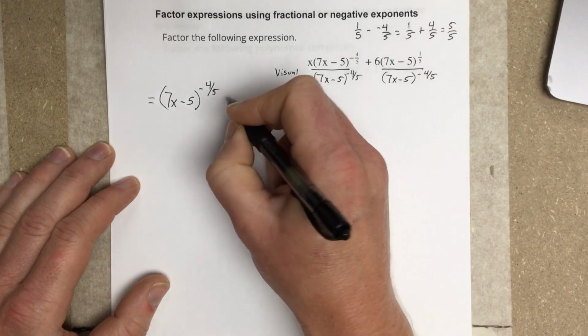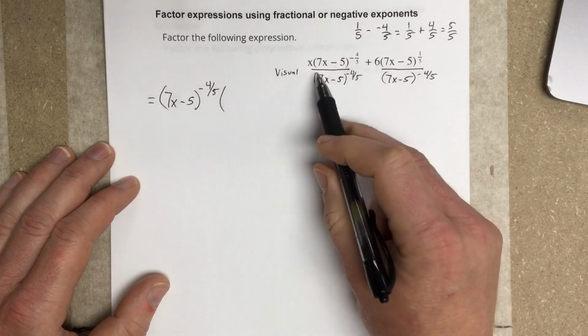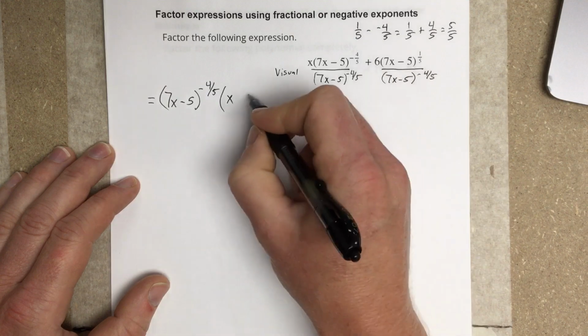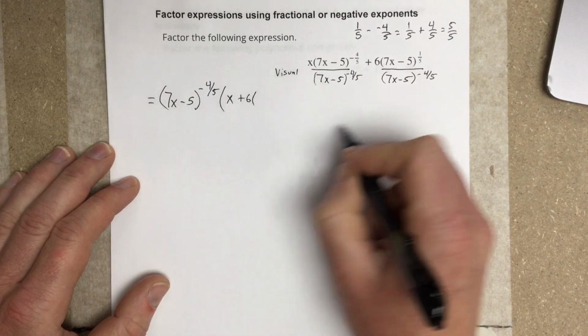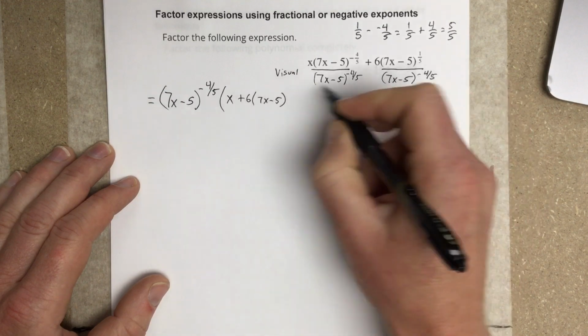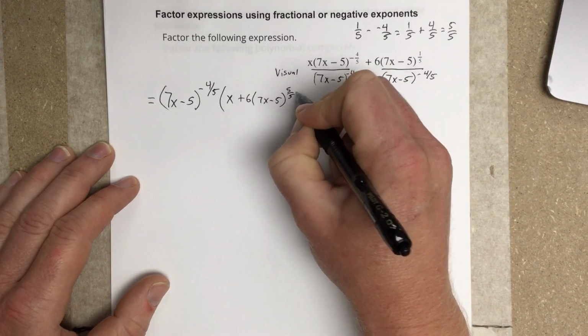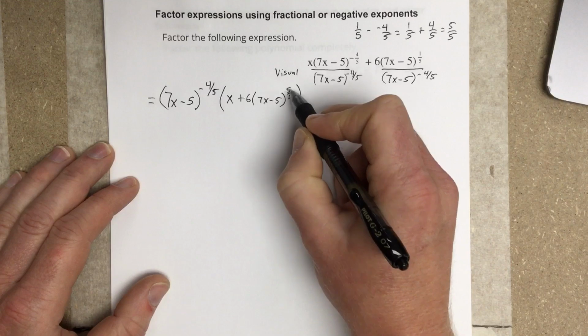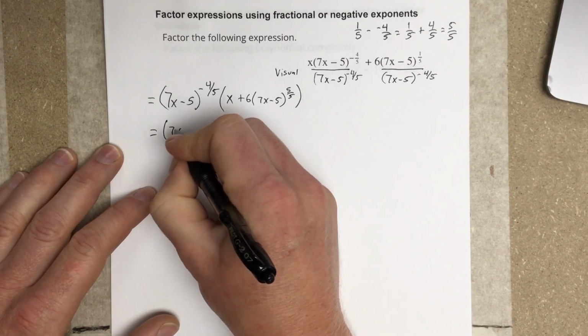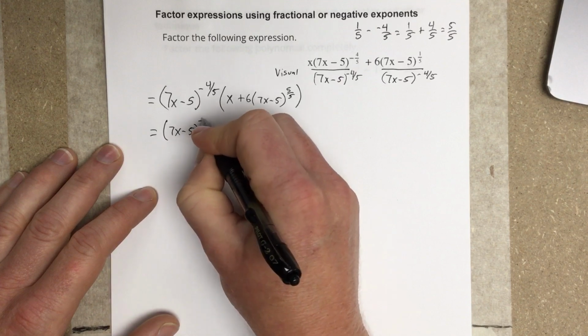So I'm going to have left inside here x, and then plus 6, and then I have 7x minus 5 to the 5/5. Well, the 5/5 doesn't matter because that's really just 1. So I'm going to write this as 7x minus 5 to the negative 4/5.